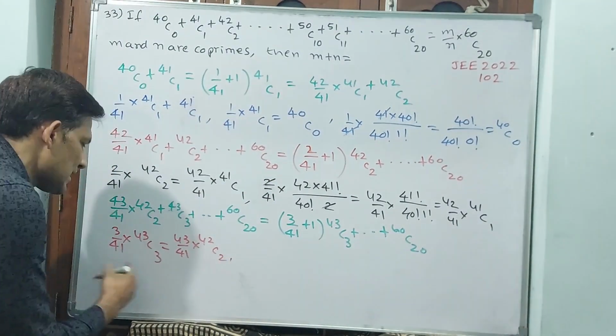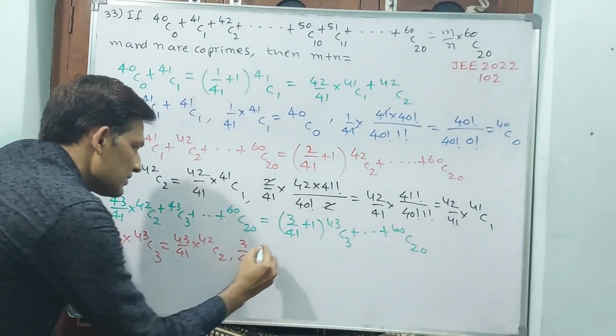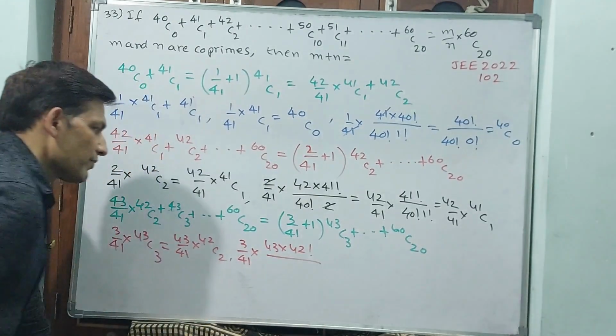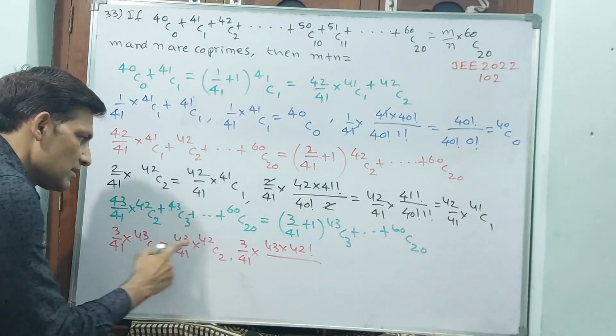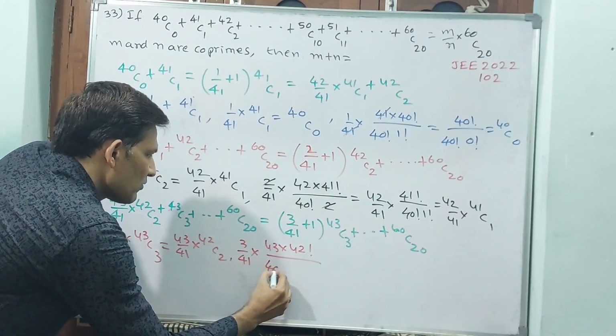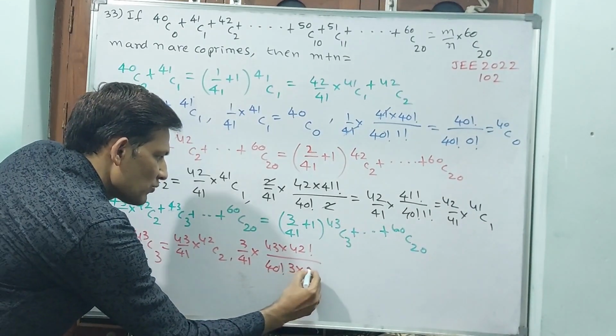Now see, LHS I am taking: 3 by 41 into 43 into 42 factorial by, only one factorial extra we are going to write, 43 minus 3, 40 factorial into 3 factorial. 3 factorial means we write 3 into 2.